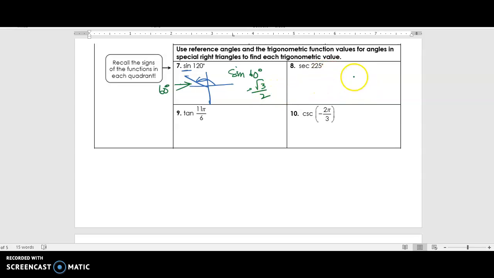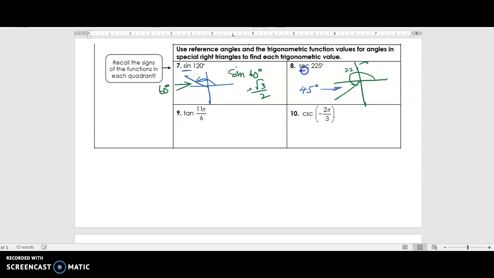Again, one more example, secant 225. 225 is in the third quadrant because it's above 180. How much above? It's 45 degrees above. So this is the whole 225, but the reference angle is 45 degrees.